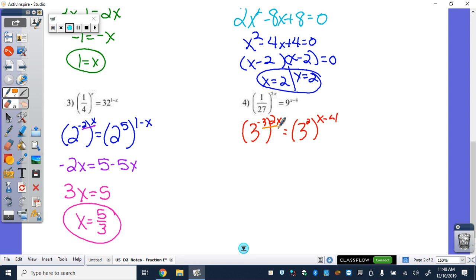So again, power to power rule, so negative 6x equals 2x minus 8. So solving for x, subtract my 2x over, divide by negative 8, and we get a 1 again.